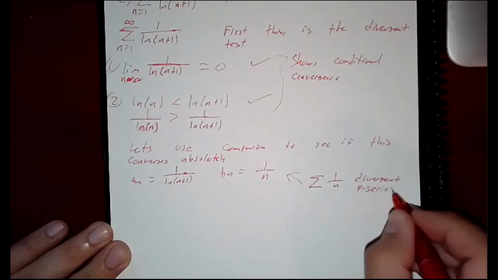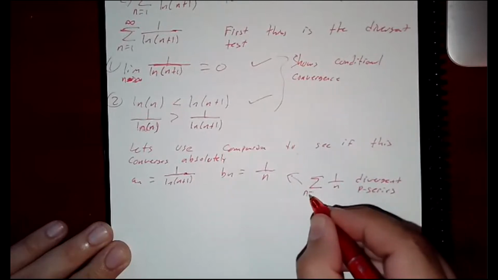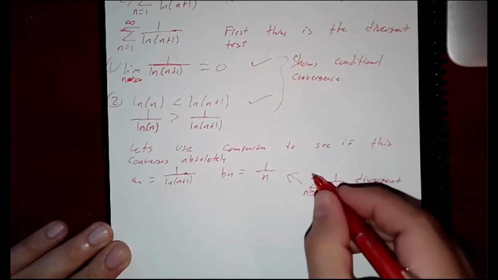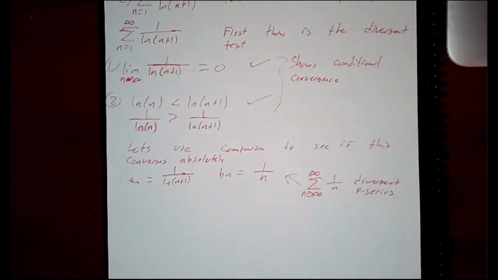So we talked about it earlier. Which means that if this one is smaller than this guy, and this one diverges, then so does this one.